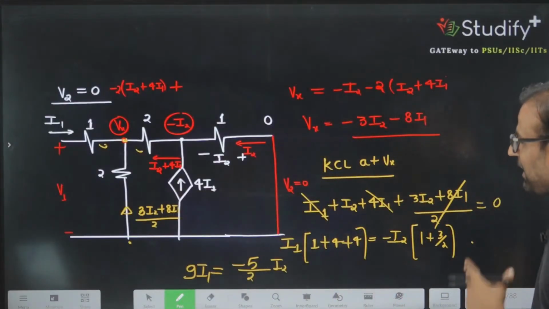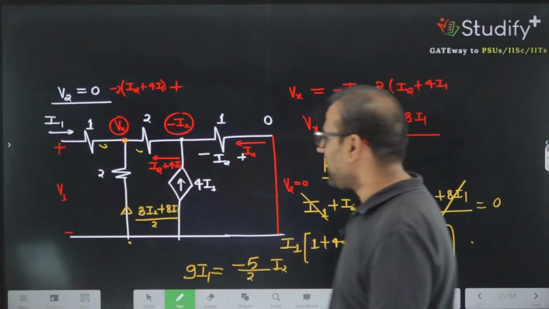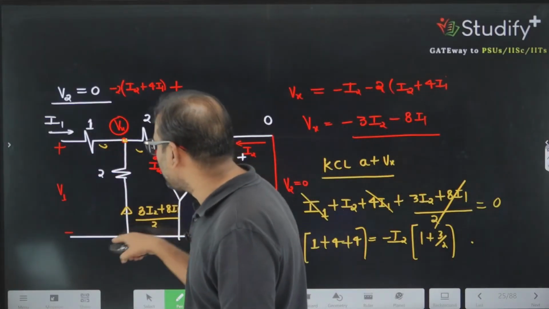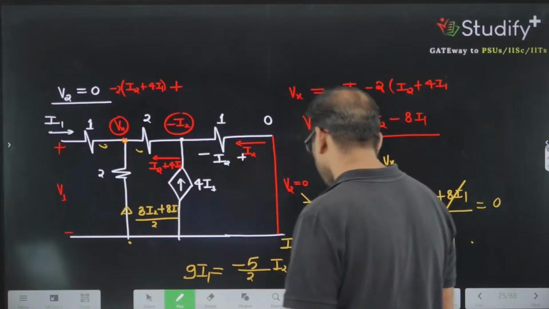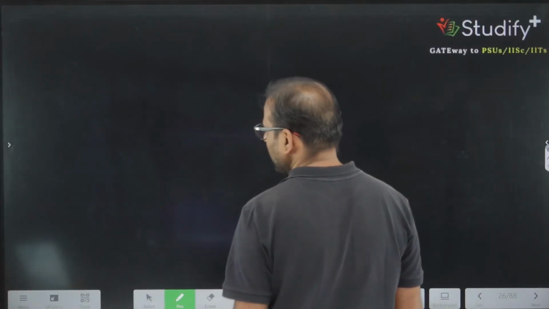For the second answer, we can apply KVL. We can apply KVL in this loop to get another answer. What is the value of V1?